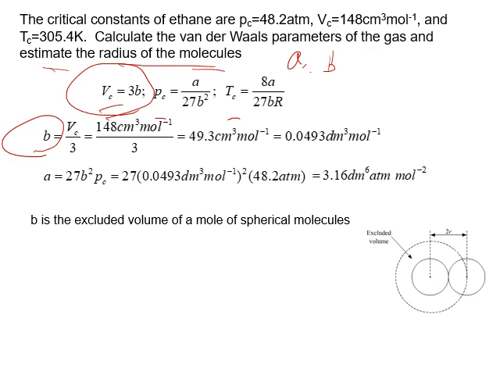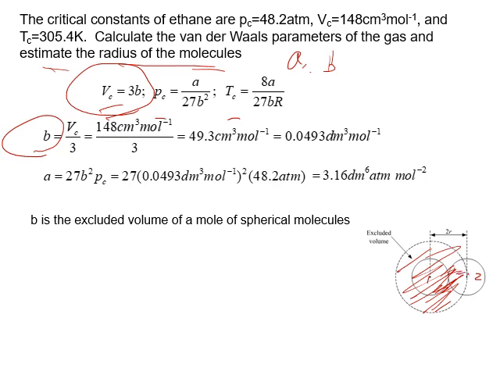So b is the excluded volume of a spherical molecule. If this is molecule 1 and this is molecule 2, the volume that the second molecule cannot go into is this volume. So the center of the second molecule cannot go inside.